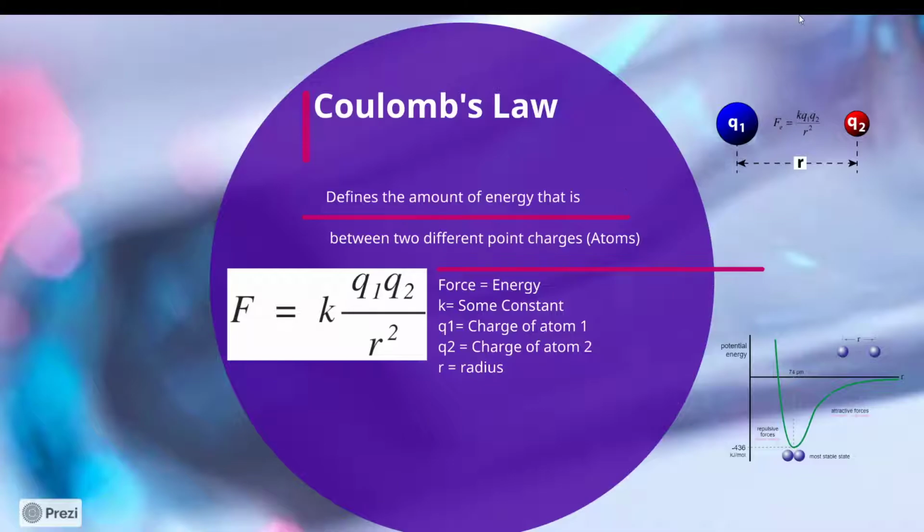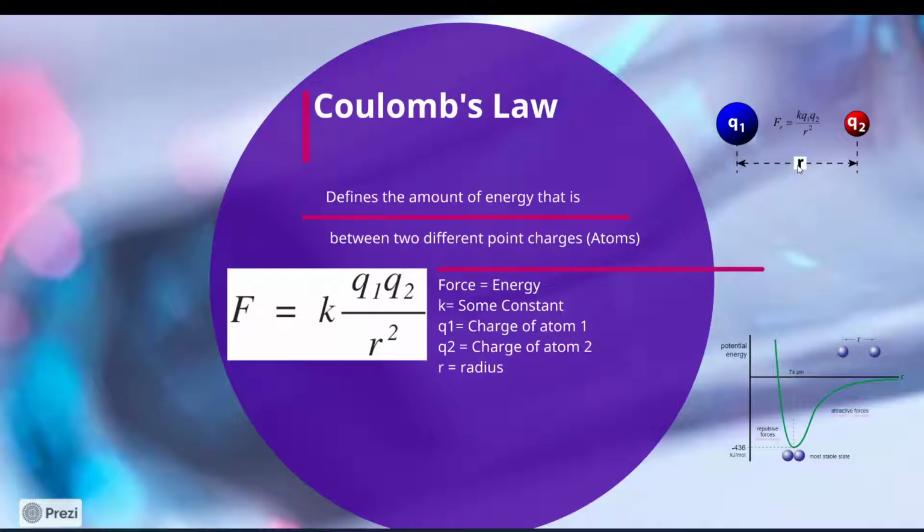If you imagine one atom bonding with another atom, the amount of charge on atom 1 and atom 2 contributes to the amount of energy in the bond. How far away they are from each other is also an important factor.